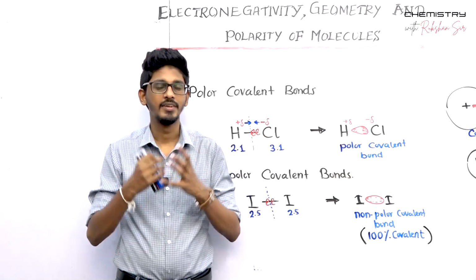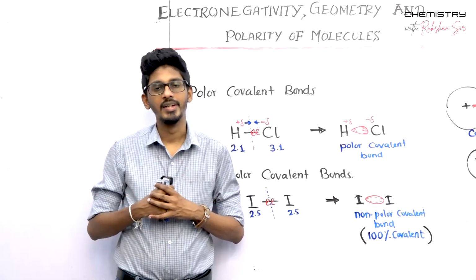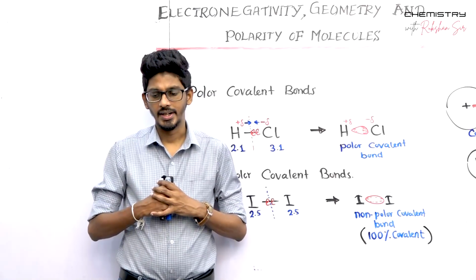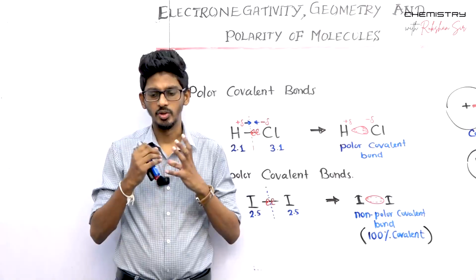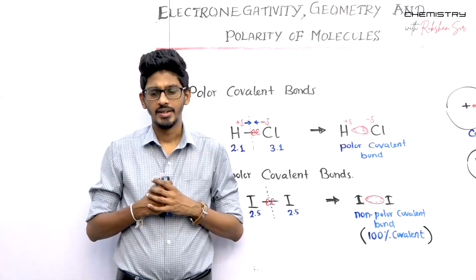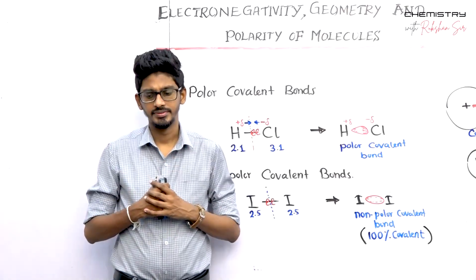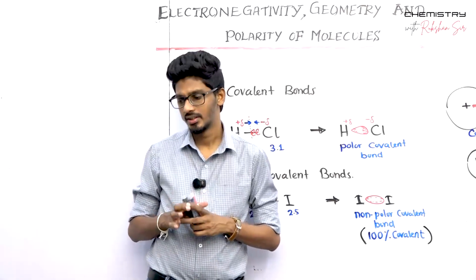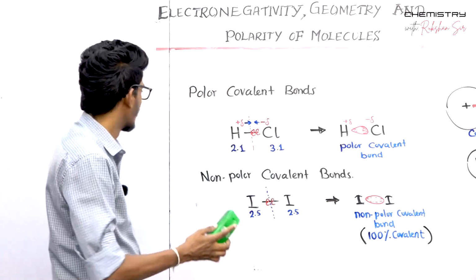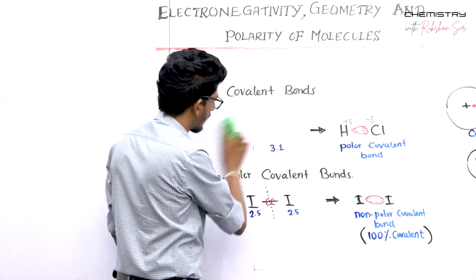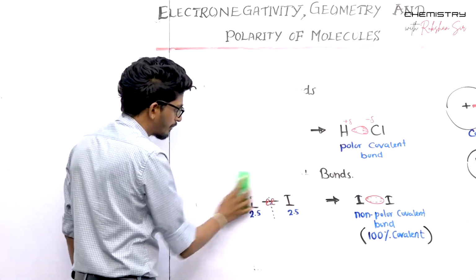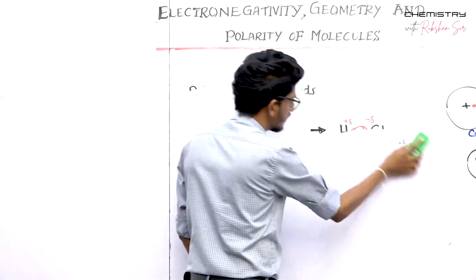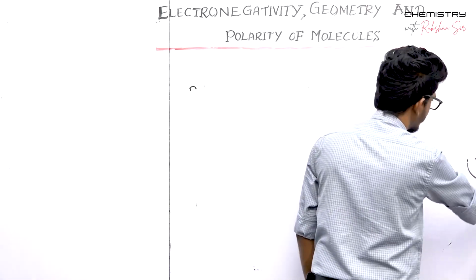That is why we need a parameter called dipole moment. In your notes it says the magnitude of the polarity is measured by a parameter called dipole moment. So let's copy the equation for the dipole moment.